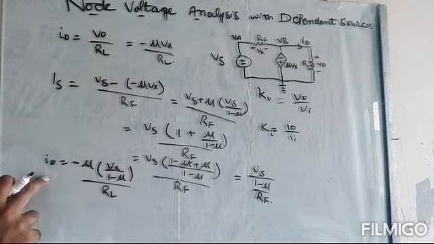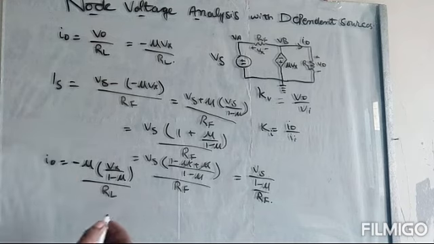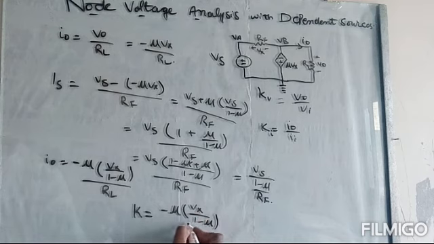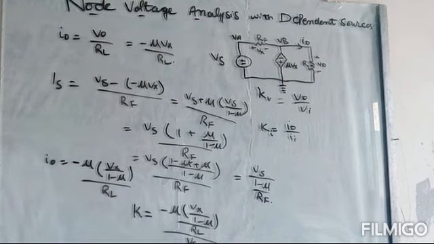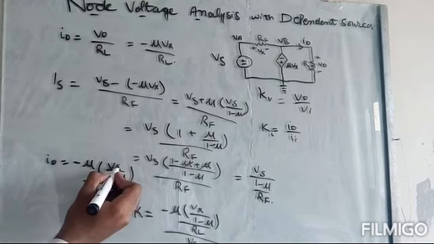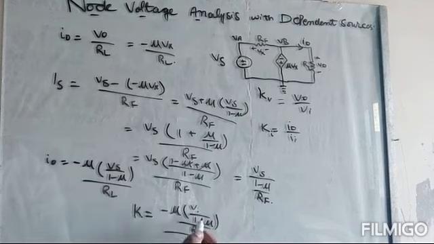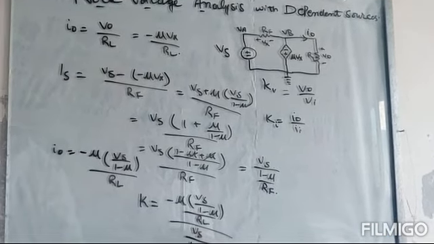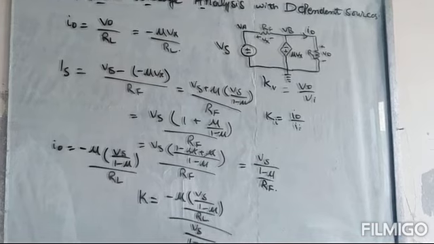Now we will divide I naught by Is to find our K. So K will be equal to minus mu Vs over 1 minus mu divided by Rf, divided by Vs over 1 minus mu divided by Rf.